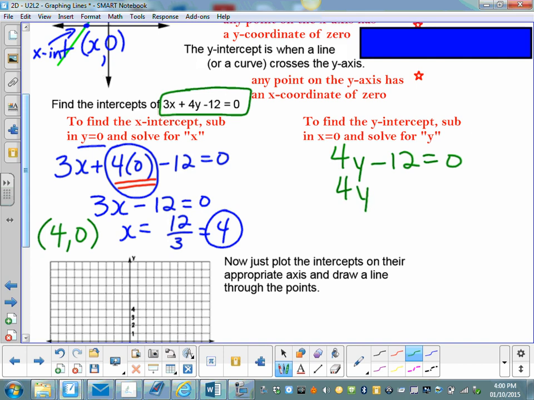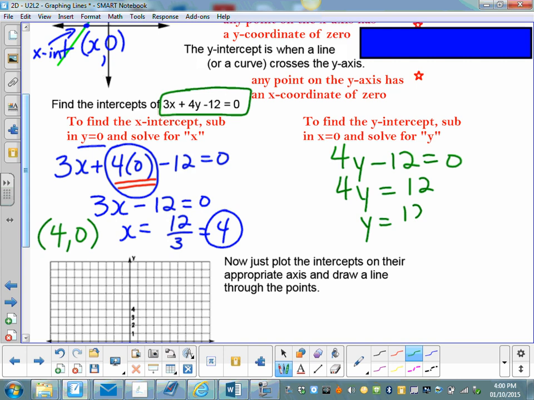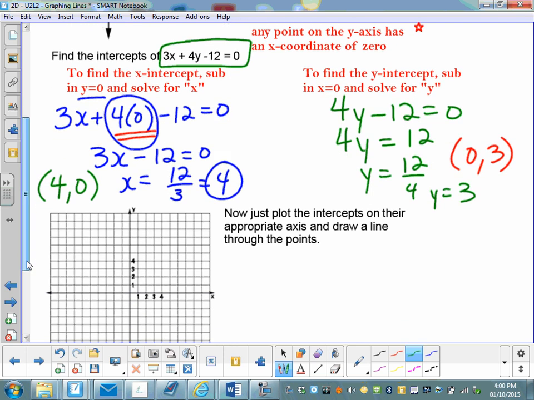So 4y equals 12. And then when I divide by 4, I get y equals 3. So when I get y equals 3, that gives me the point (0, 3). So I've got my y-intercept, and I've got my x-intercept.